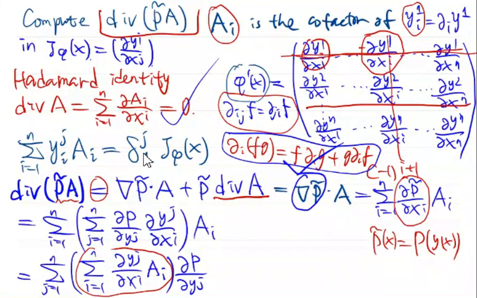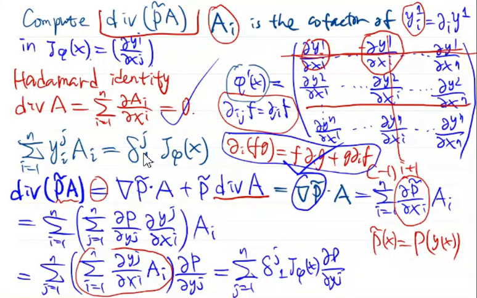So this is the sum over j of delta j1 times the Jacobian determinant times the partial derivative of P with respect to yj. Because of the delta j1 here, we only have the term corresponding to j equal to 1.